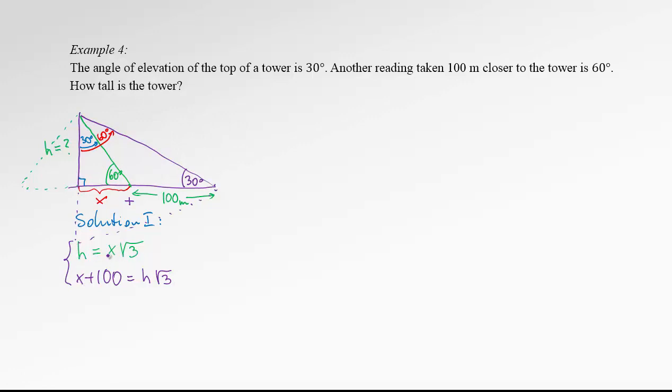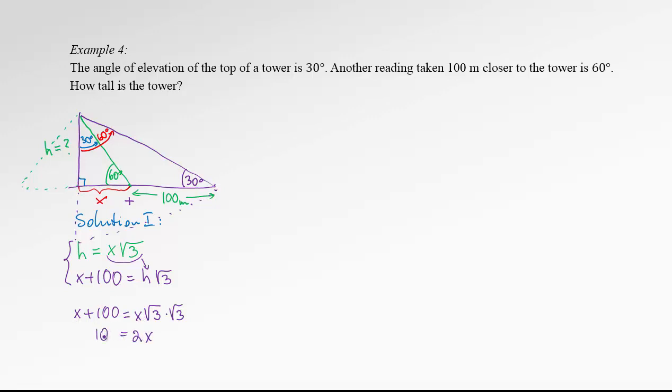It's enough to substitute the h from the first equation, this one, into the second equation over here. We end up with x plus 100 equals, instead of h, we have x root 3 times another root 3. So altogether it's just 3x. Minus this x, we get 2x.